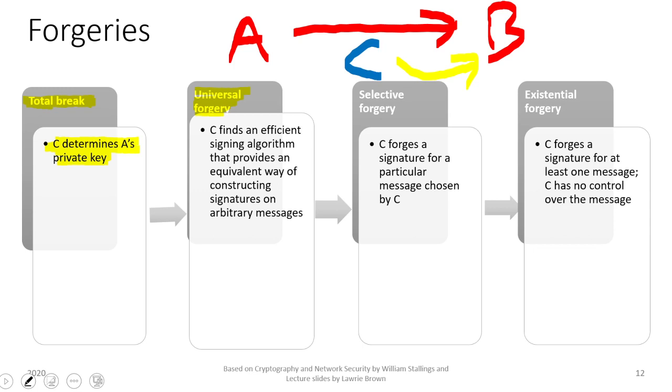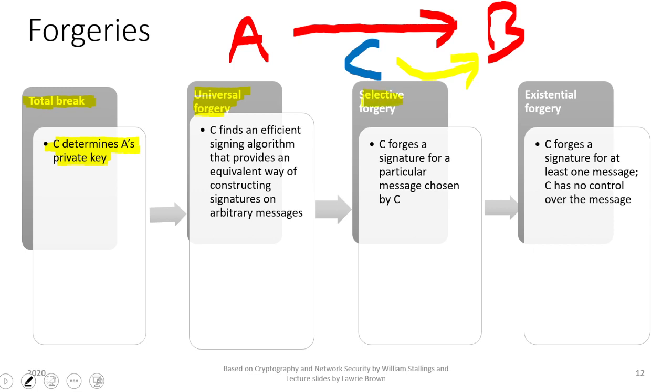So it finds a way to create signatures for arbitrary messages, but that can stand in place for signatures that are coming from A.